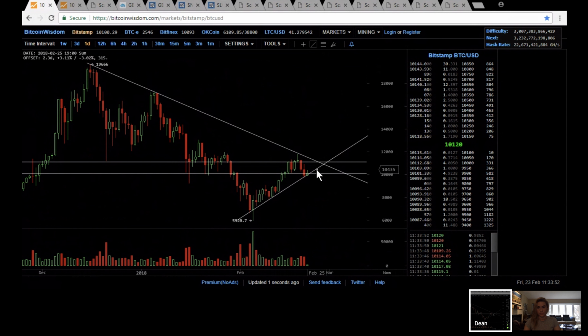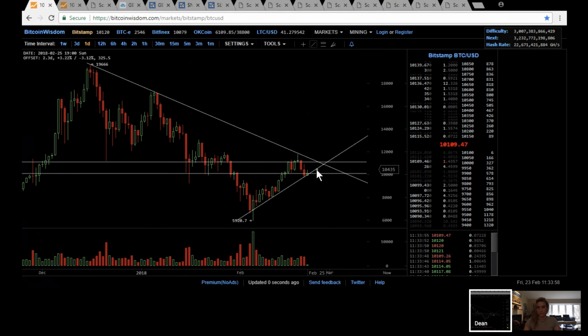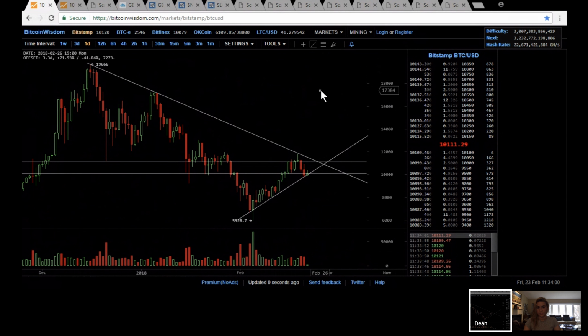And there's going to be an explosion. And at that explosion, we are either going to be shot way up in the air, or we are going to be shot way down to new lows.